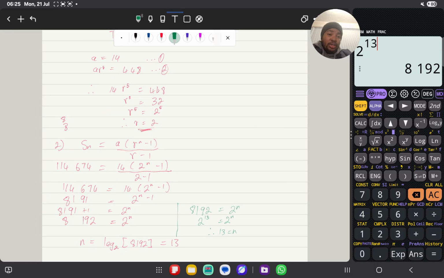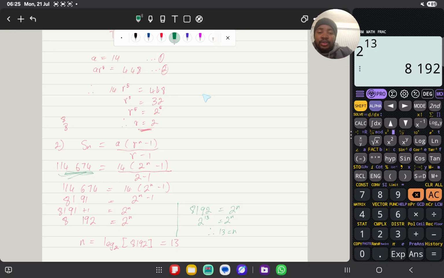So we haven't answered the question. 13 is the total number of terms that gives us this much, right? And now remember, we have the first 6 terms and other consecutive terms. Together, those terms give us 114,000.